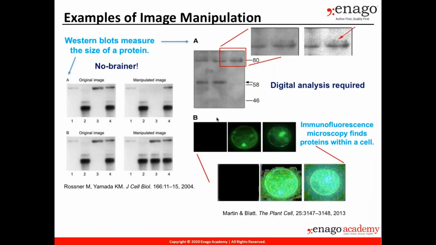Alrighty, examples of this kind of thing. This might look confusing, especially if you're not used to looking at either micrographs or gels where we're separating biological molecules, but just notice a few things. Notice that, for example, on the left-hand side, one of the bands in lane 3, so the top left, in the original, completely disappears from the manipulated image.